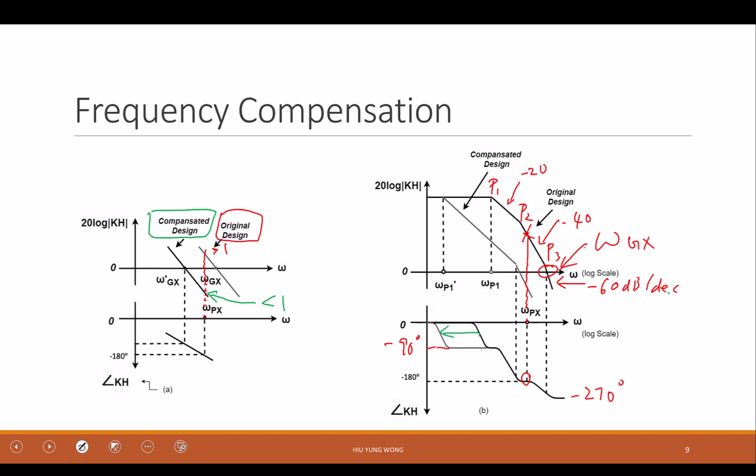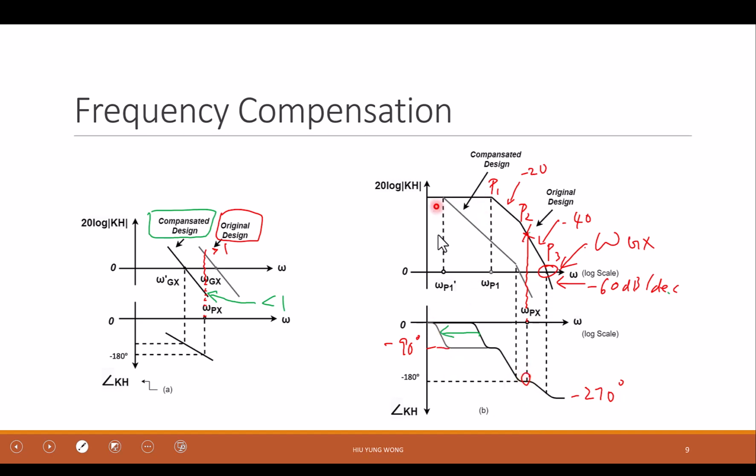which is negative 90. But we remember that, compared to the gain, the magnitude, the phase is different in the sense that it saturates after the first pole. It's always negative 90 until you see the second pole, right? So your second pole is still there. It's not moving. The second pole is what is giving you negative 180.